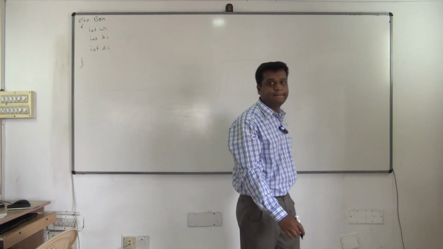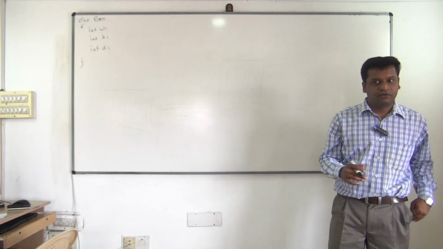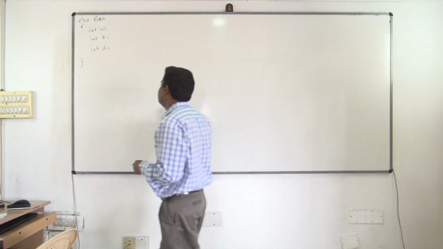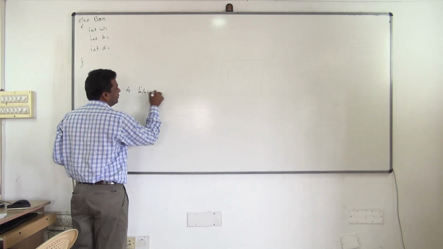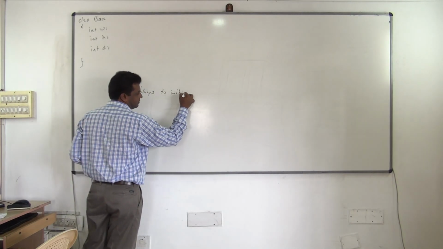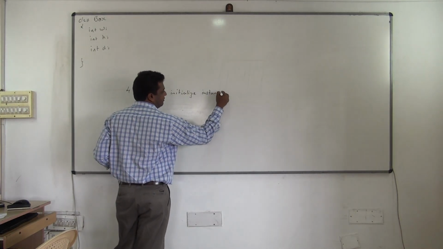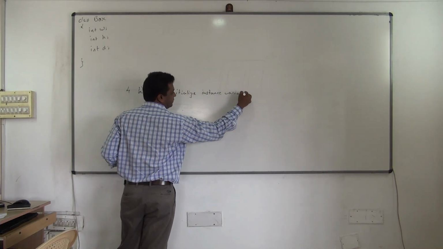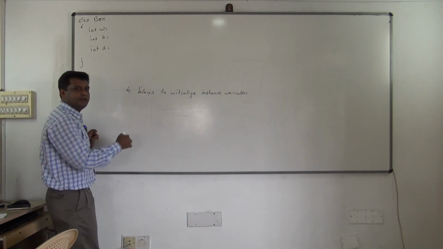Same thing, but we are not hard coding. So I told you, if you want to initialize values to your instance variables, there are 4 ways to initialize your instance variables. Java gives you 4 ways. I don't know about C, C++. So Java is giving you 4 ways to initialize your instance variables.